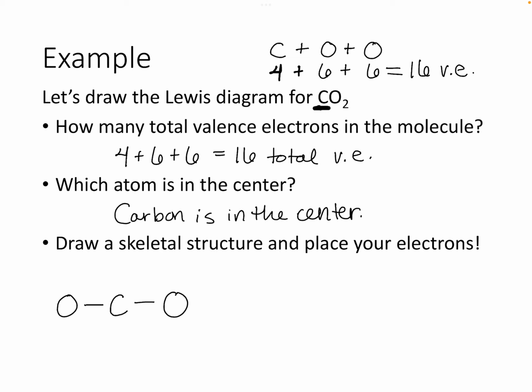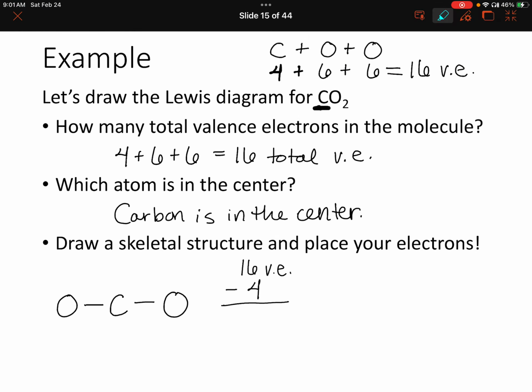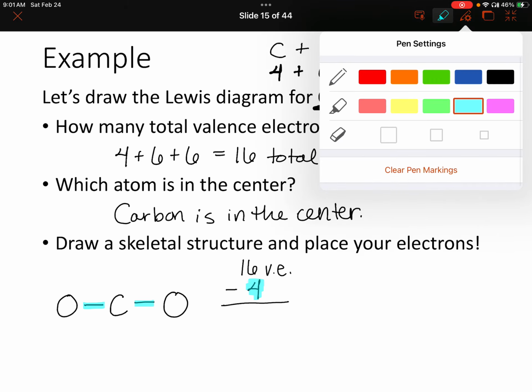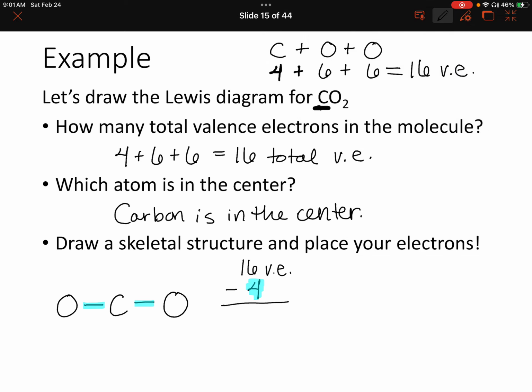So each bond that I just drew is worth 2 valence electrons, so that's a total of 4. So what I'm going to do is take my total amount of valence electrons and subtract 4. So again, that's coming from these bonds here. So that tells me, let's see, that I have 12 valence electrons left.